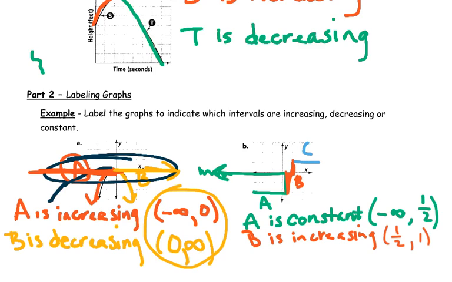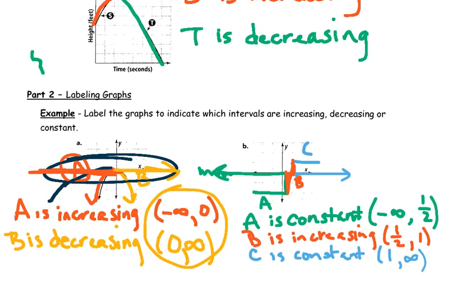And then finally, interval C is constant again. And that starts at 1 right here, and it is constant forever, so we say it goes until infinity.